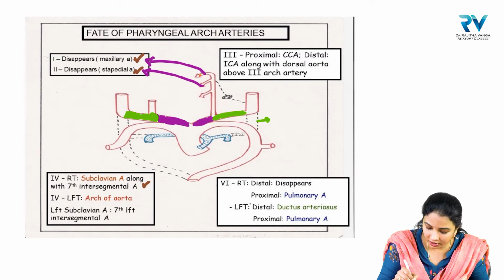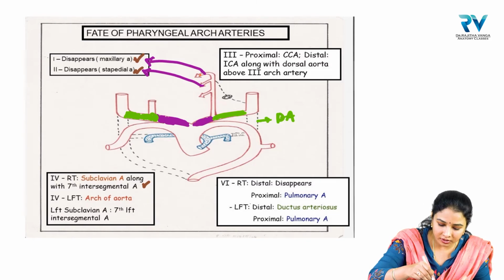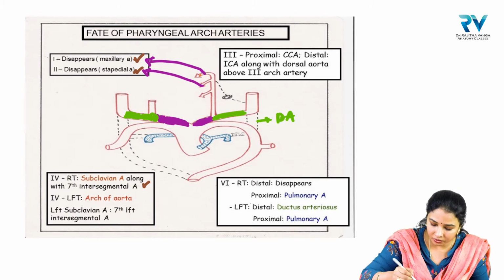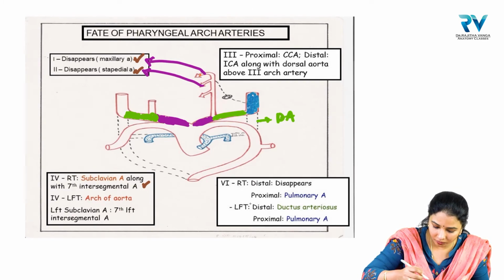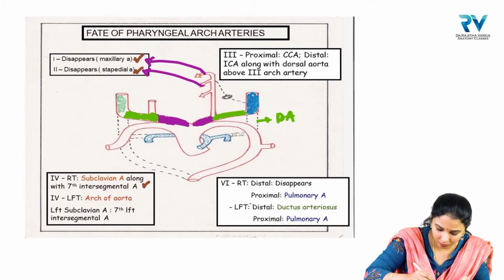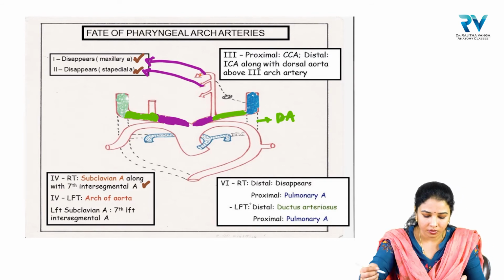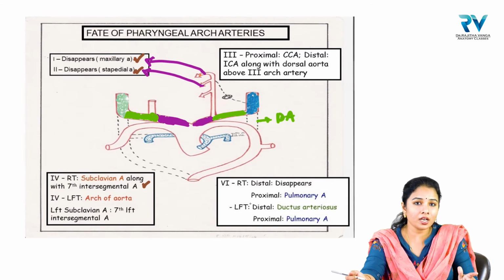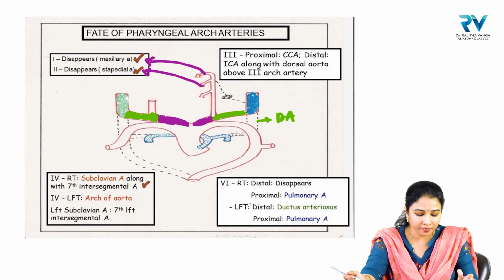So the dotted lines are the dorsal aorta on right and left side. So the distal part of it is derived from the dorsal aorta. So that is about the third arch arteries on the right and left side.